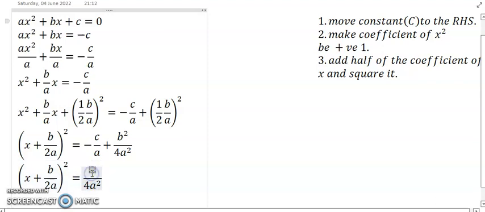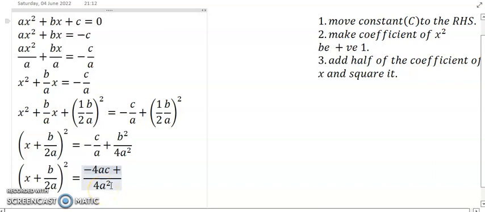And this time around, because here we already have a, then a and a will cancel, then we will be left with 4a. Then 4a times negative c will give us negative 4ac plus, okay, here we have 4a squared, and here our denominator is 4a squared.